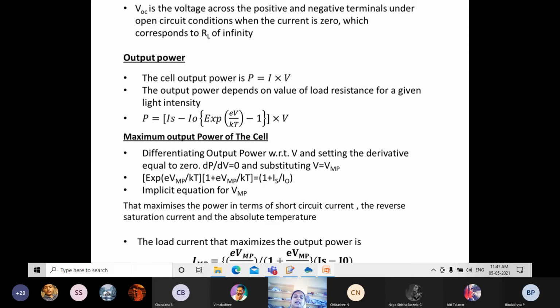And next they are saying that this maximizes the power in terms of the short circuit current, the reverse saturation current and the absolute temperature.